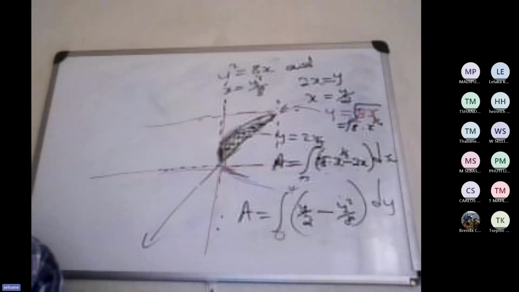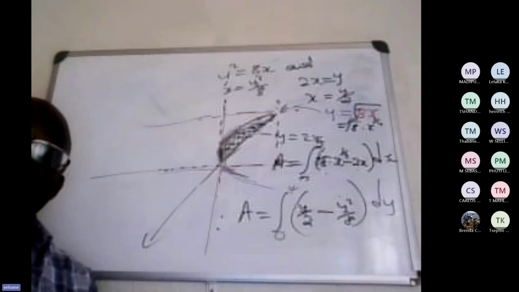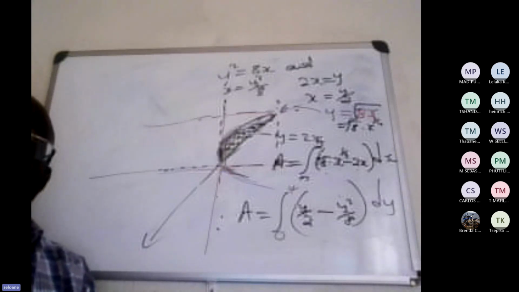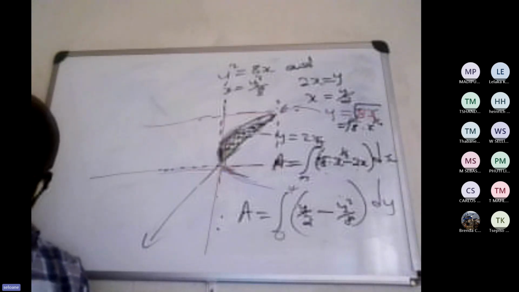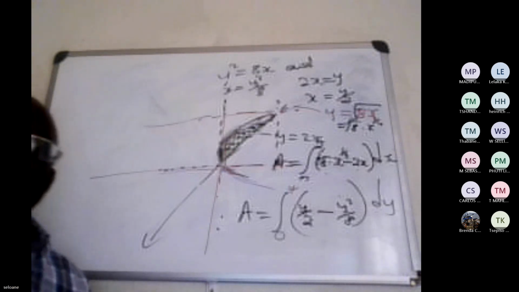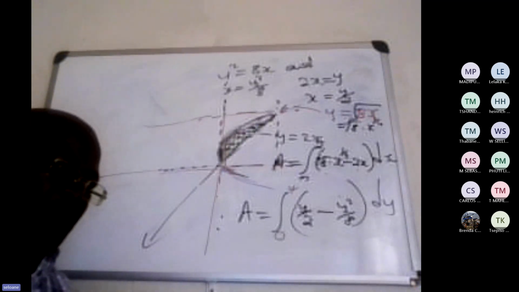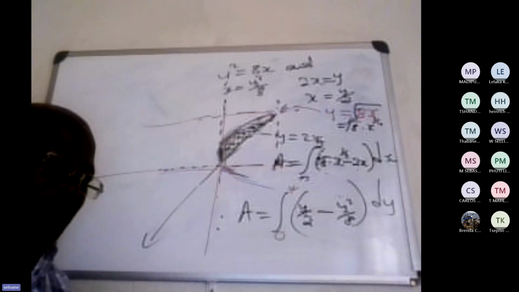Start by being able to sketch the curves, and from there identify the region. Then ask yourself, is my region enclosed by one function on top and one function at the bottom?